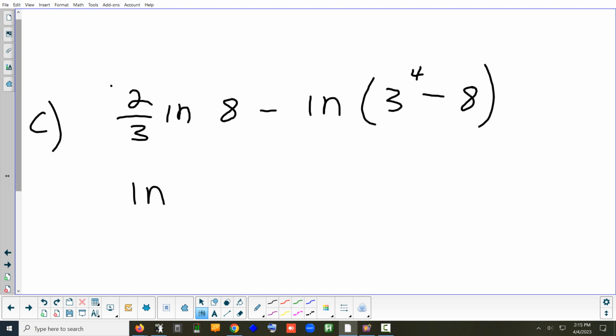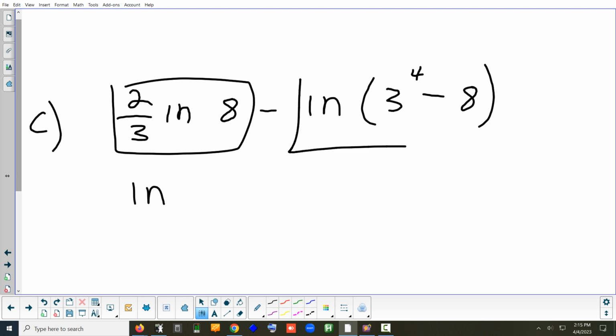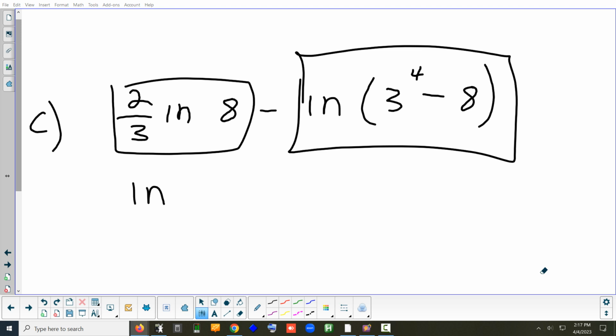So we have this, and what are we doing with the two? All right, so what operation did we say we're doing between the two logs? Subtraction. Subtracting, and subtraction, when you recombine it, turns into division.